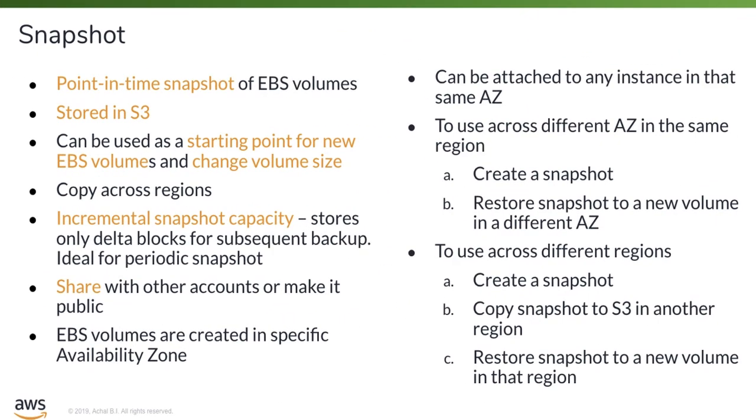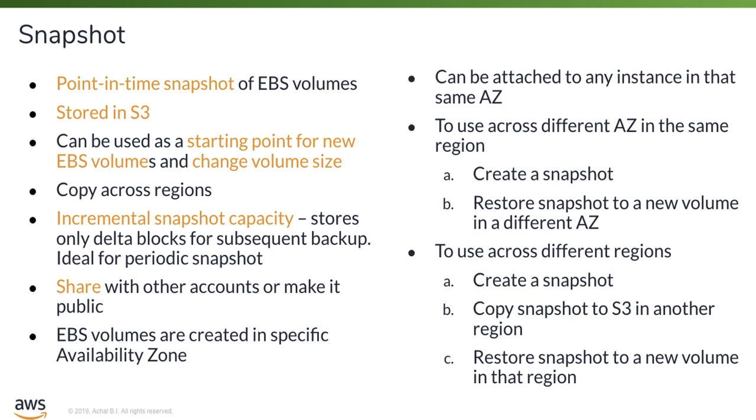So let's quickly go through what a snapshot is. A snapshot is basically point in time data of the EBS volume. It is stored in S3, and the starting point of an EBS volume can be a snapshot.